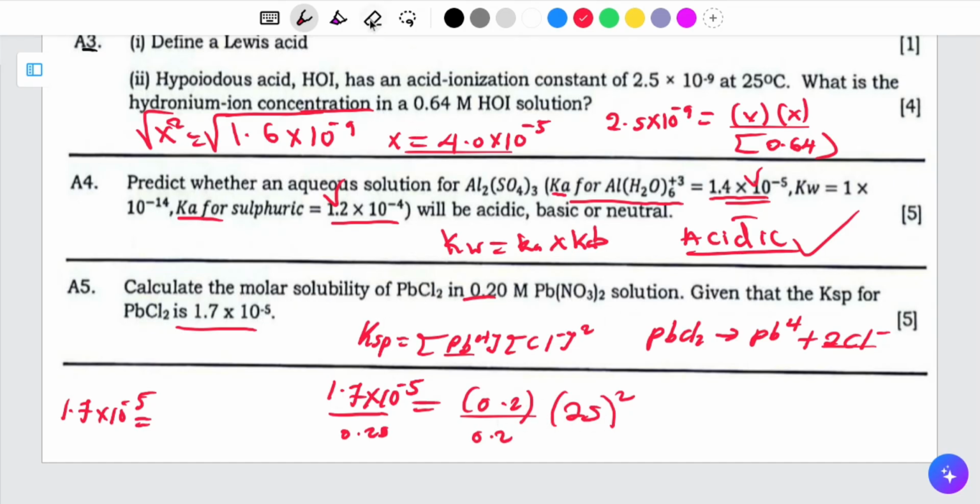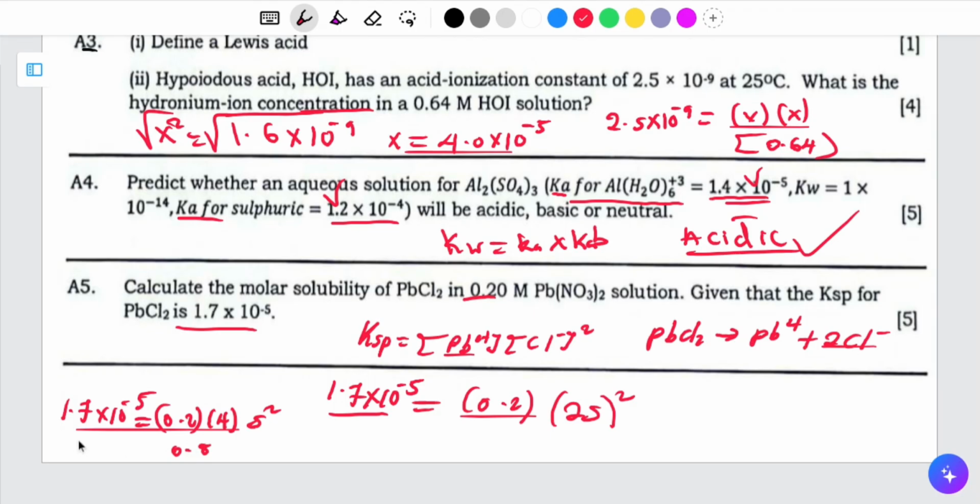We can multiply. 2 to the power 2 is 4, and S to the power 2 is S squared. So 4 multiplied by 0.2 is 0.8. So I can divide by 0.8 here, even here, so these are going to cancel each other.